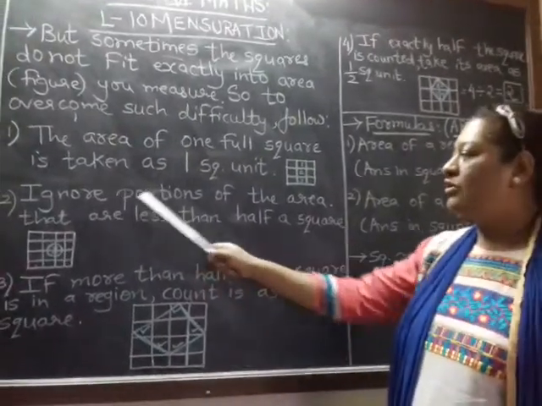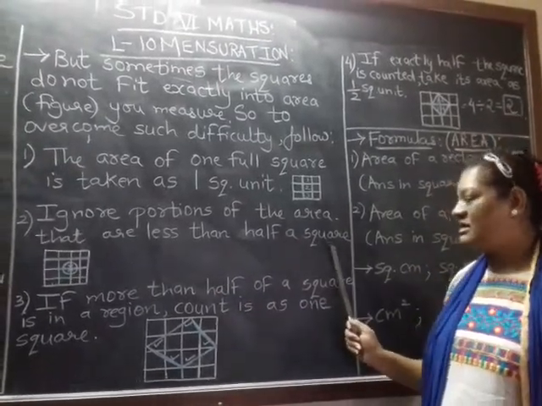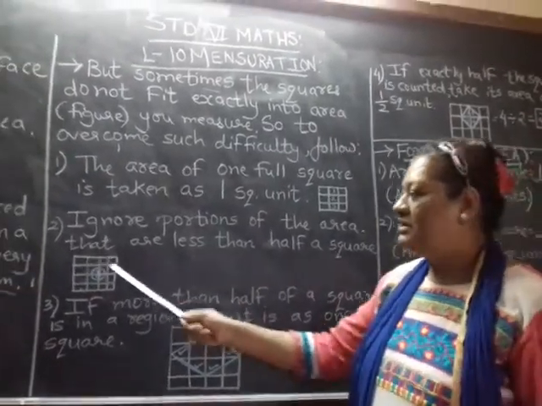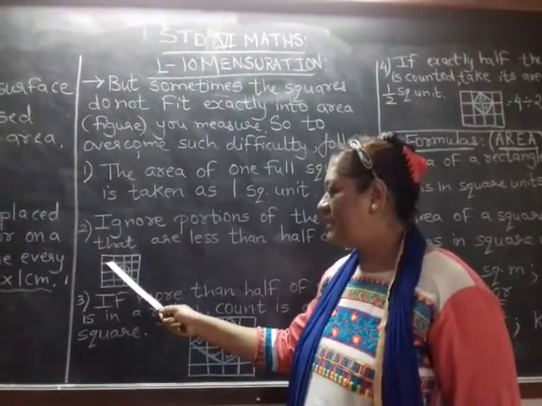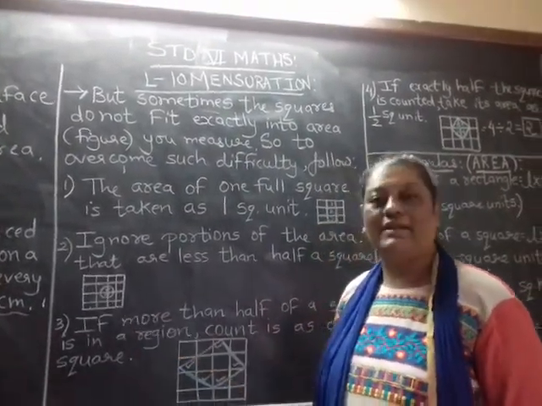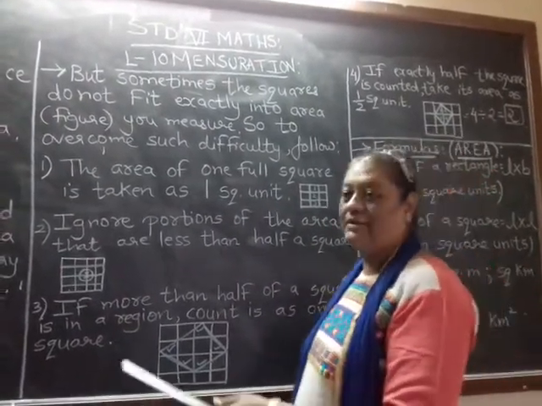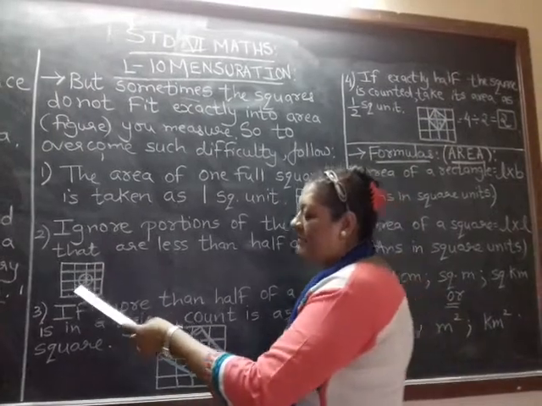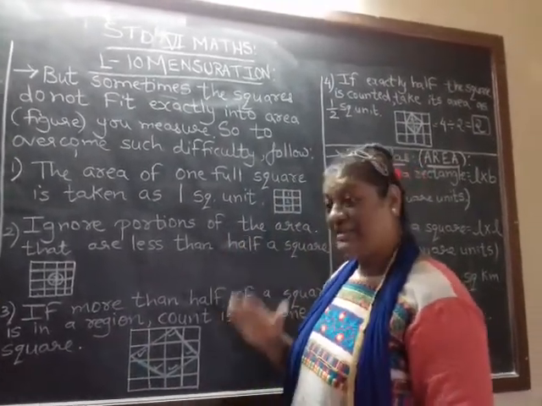Okay. Rule two: ignore portions of the area that are less than half a square. You know that this is one full square. If I draw a line in between, this square will be divided exactly into two parts. But sometimes it happens that a figure drawn in the graph paper is not covering half the square, right? It is less than half.